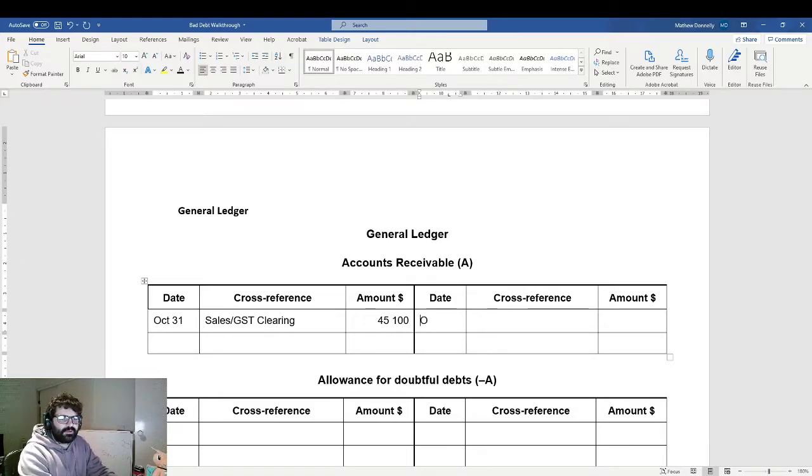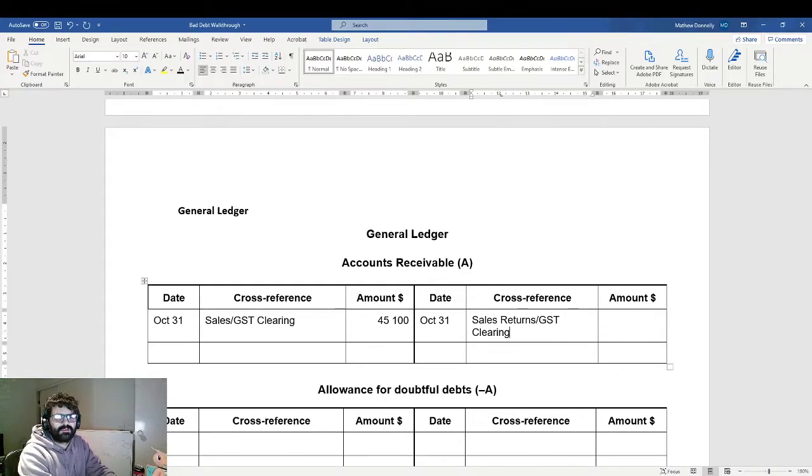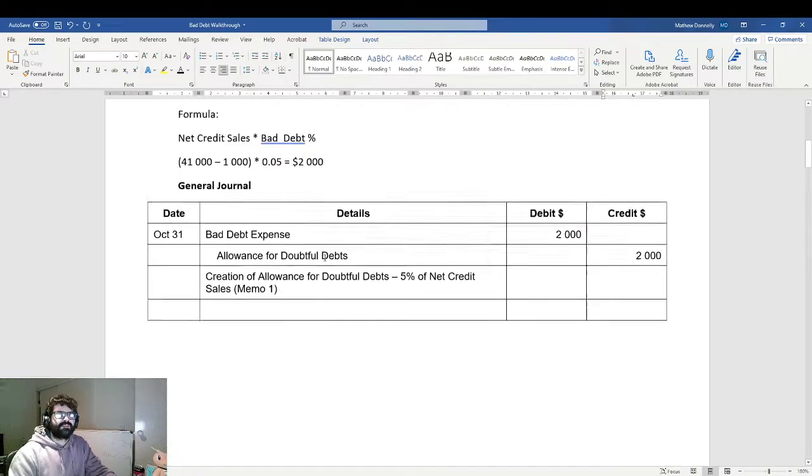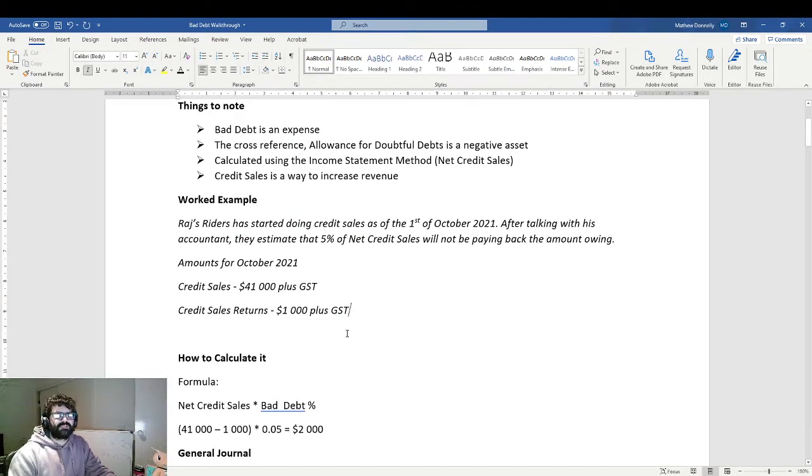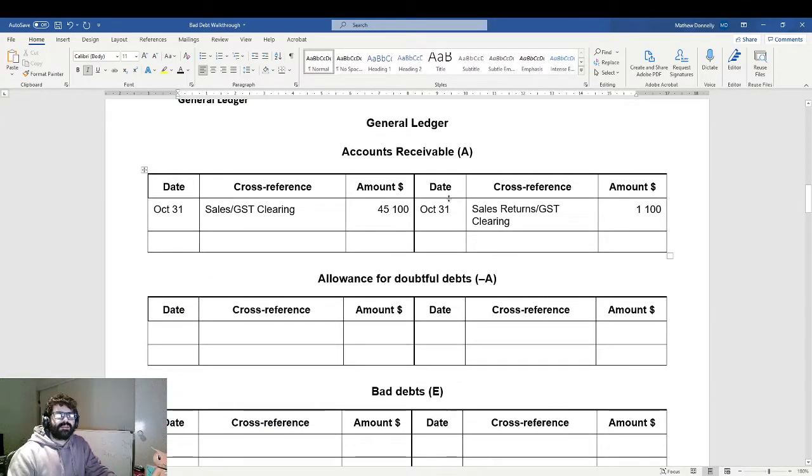And then you go Oct 31 sales return, GST clearing, and that would become 1,100 because you've got to add the GST on both, and that'll give you 44,000. If you take out the GST, the net sales is 40,000.